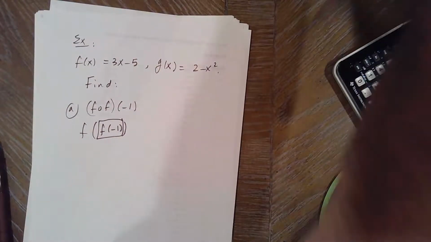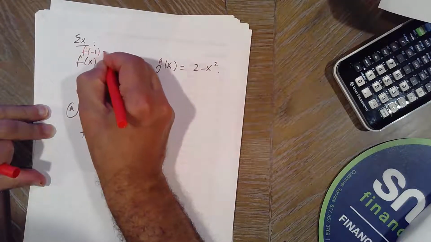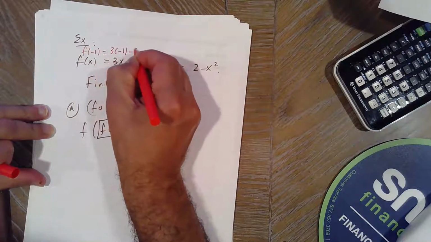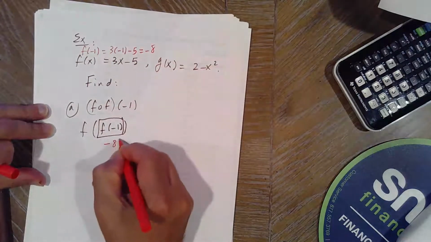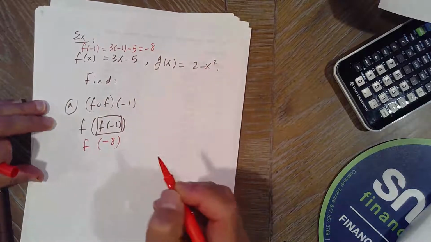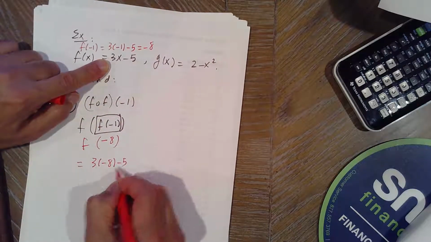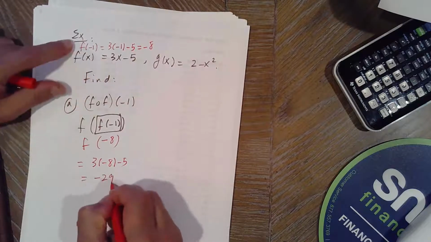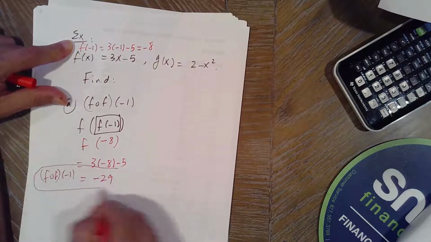That's 3 times -1 minus 5, -3 minus 5 is -8. Then we're inputting this into f again. So it'll be 3 times -8 minus 5, -29. So f composite f of -1 is -29.